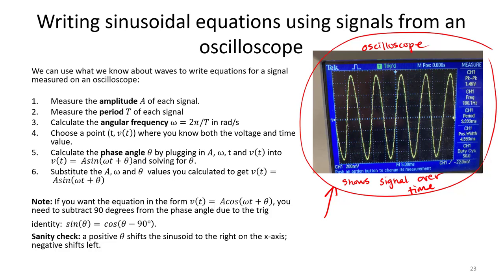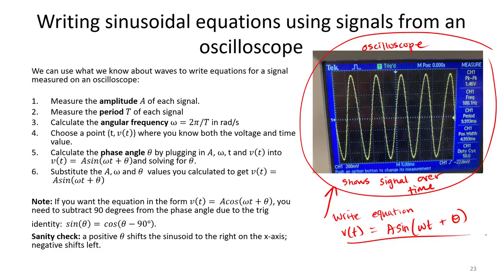And often what we'll need to do if we're in the lab is take a sinusoidal signal and write an equation for that signal, for example, v of t equals A sine omega t plus theta. So often we want to write this equation.